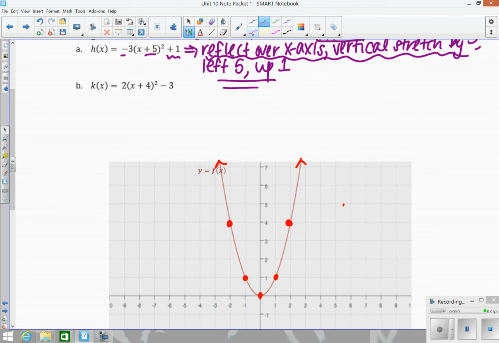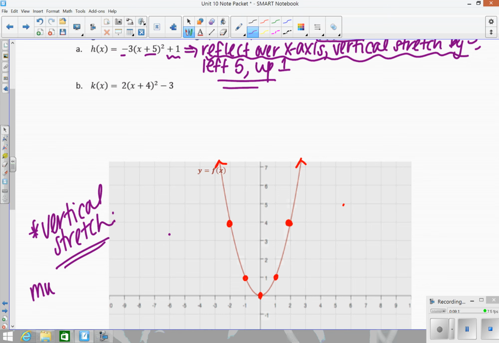What I need to do is reflect this over the x-axis as well as do a vertical stretch. One thing I want to note is that whenever we do a vertical stretch, that really means multiply the y values by whatever that factor is. So you're only multiplying the y values.